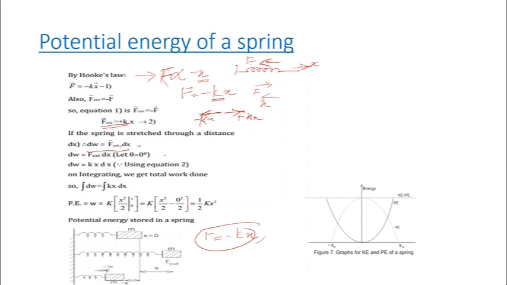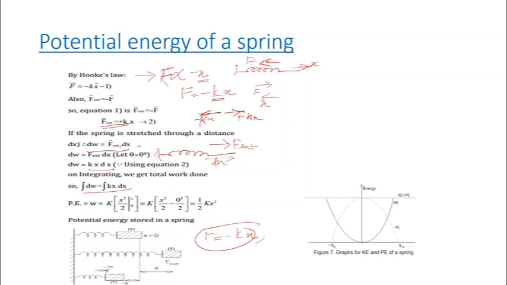We are applying F external in this direction, and the spring is getting extended in this direction only. So the work done is dW equal to F external into dx, that is kx dx. If you have to find the work done for a larger displacement of the spring, we have to integrate it.